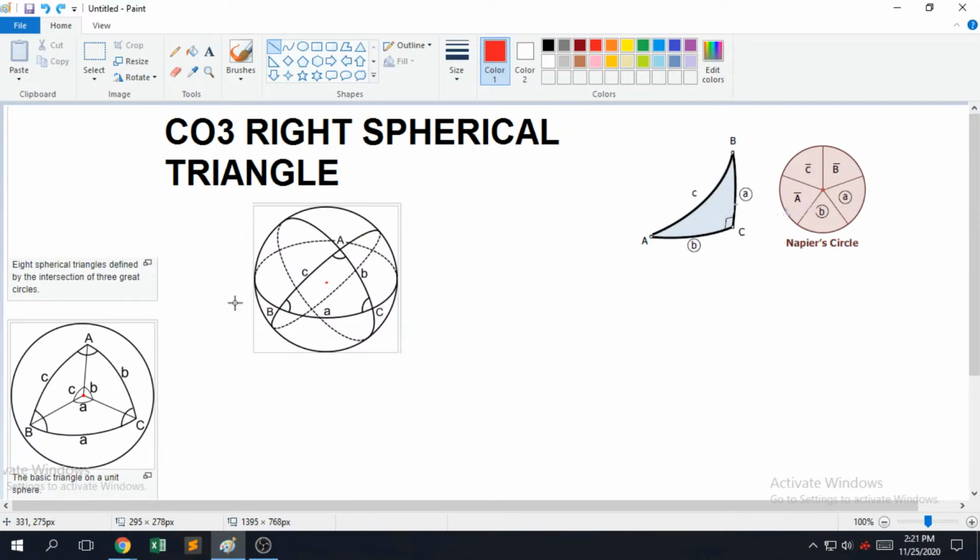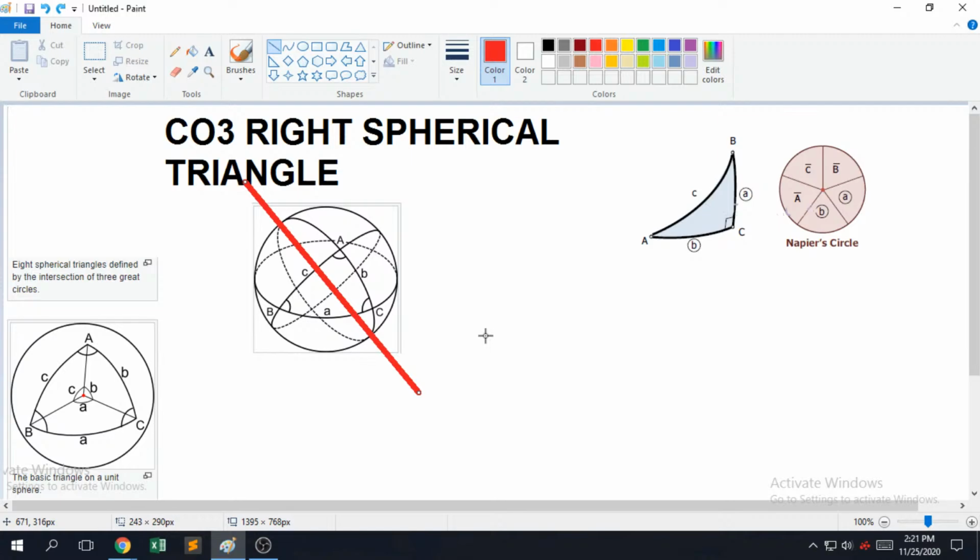In another orientation, if you slice the ball in half this way, it will still pass through that center point. And for the third great circle, if you slice the ball this way, it will still pass through that center point.